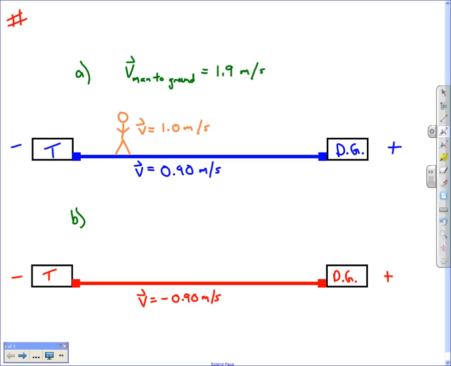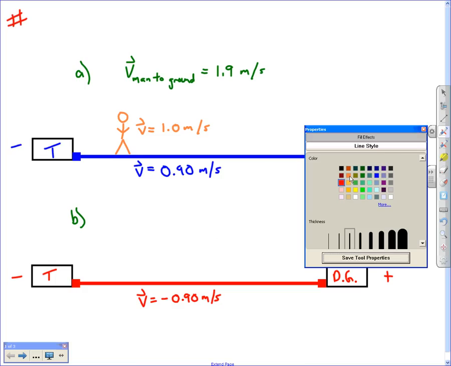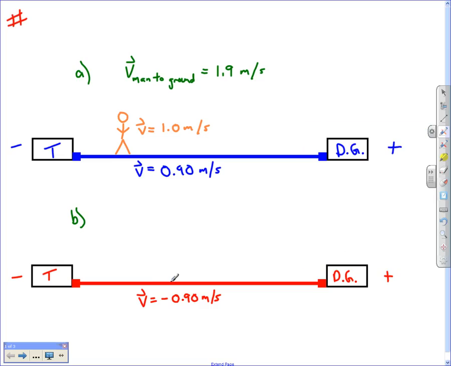Now the child on the moving sidewalk is also moving towards the terminal. We'll go ahead and draw that child here, a smaller being. The child has a velocity also, but it's in the negative direction.